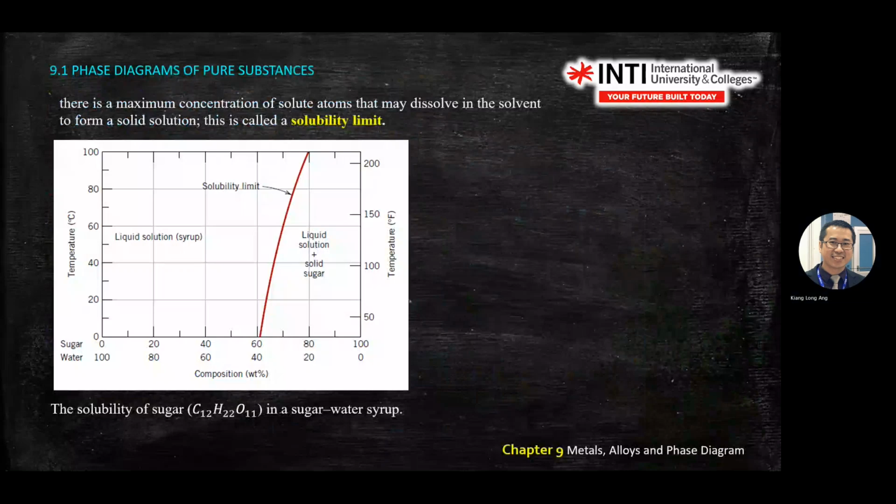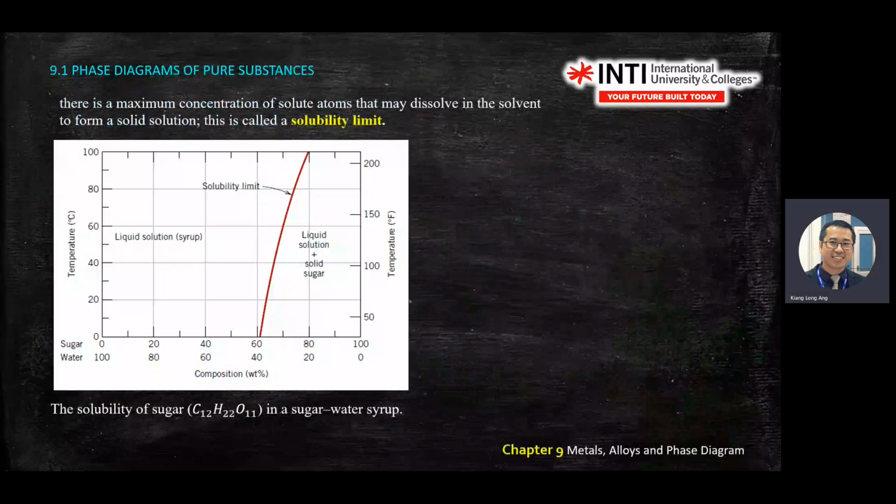It is the maximum concentration of solute atoms that can dissolve in the solvent to form a solid solution. On the graph, there are 2 regions. On the left is liquid, or syrup, a liquid solution. On the right-hand side of the red line is solution plus solid sugar.